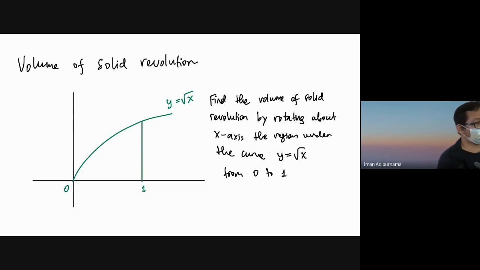So solid of revolution means that you can have a solid, or a volume of a solid, by rotating the curve, or the area below the curve, about the x-axis or y-axis. In this example, we rotate about the x-axis, so this is our curve, this is our area under the curve.